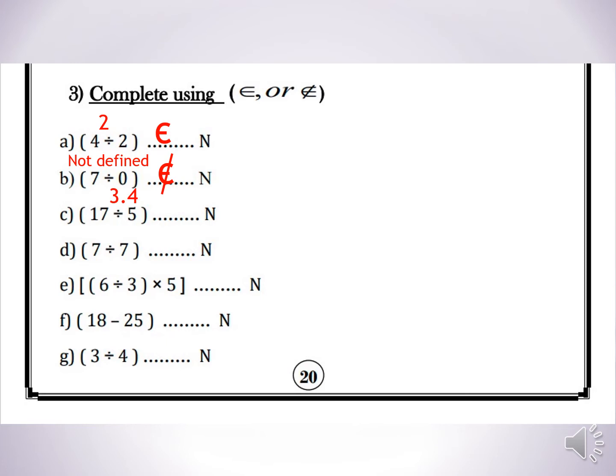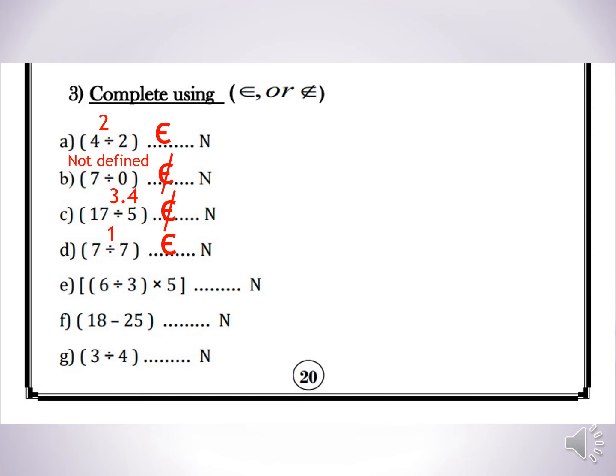So it's a decimal number, so it doesn't belong to the set of natural numbers. 7 divided by 7 equals 1. 1 belongs to N. Here I have brackets, 6 divided by 3 times 5.